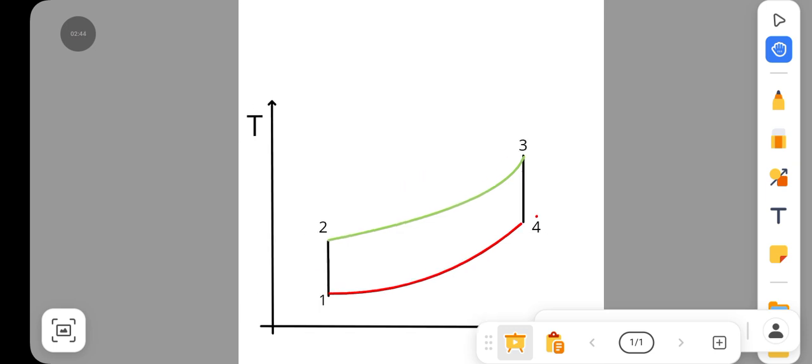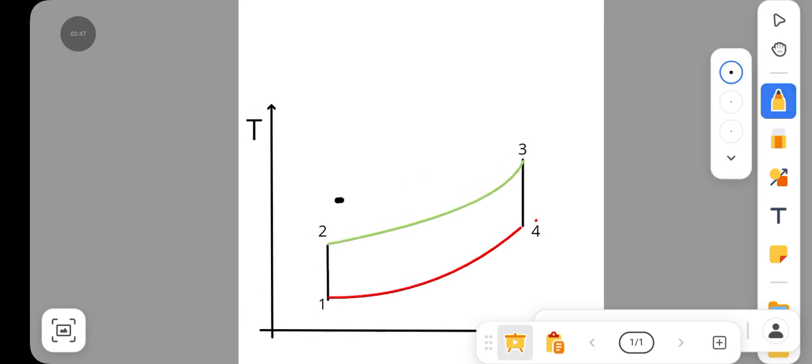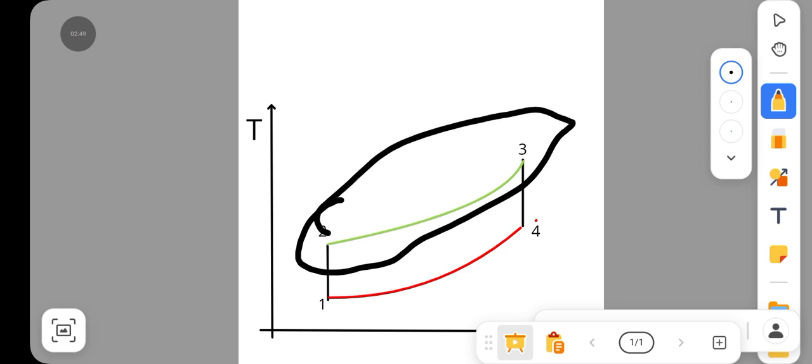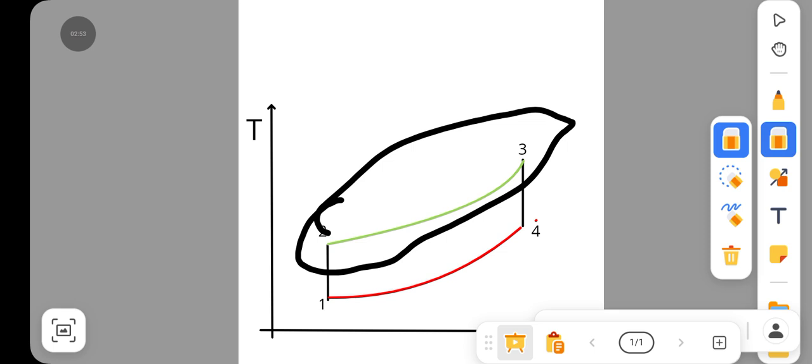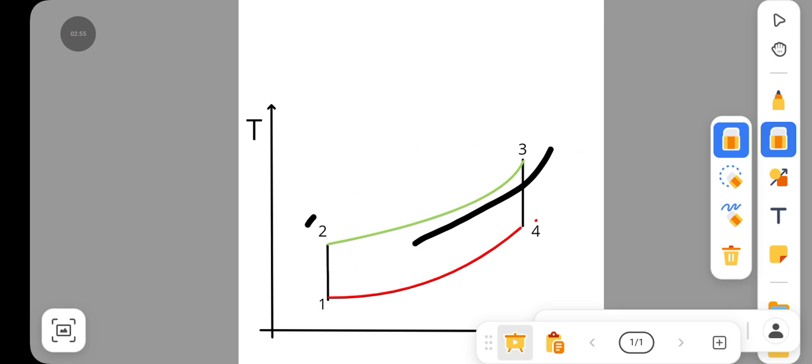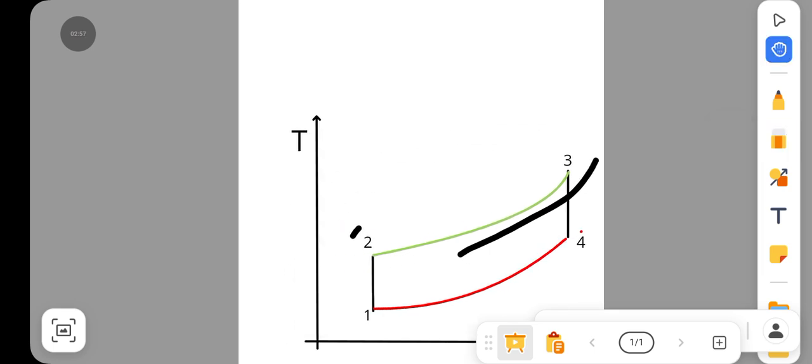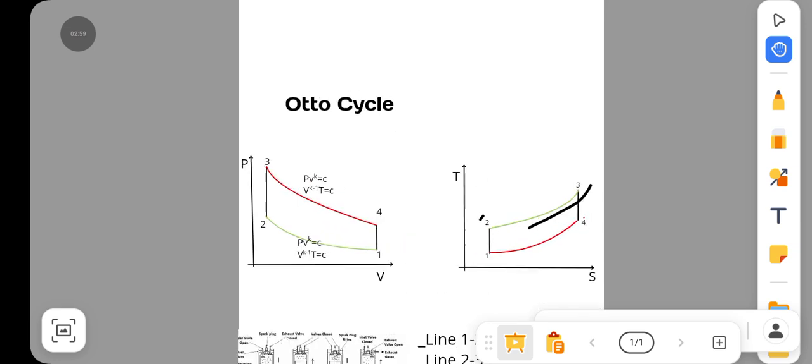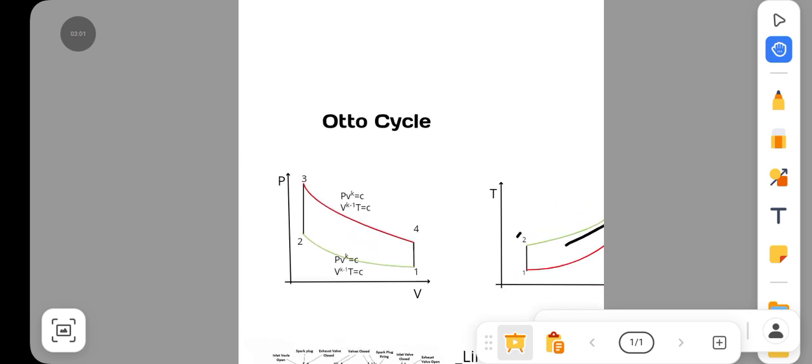Temperature and entropy increase in this state. So from 2 to 3 there is an isochoric heat addition, meaning heat is added at constant volume.